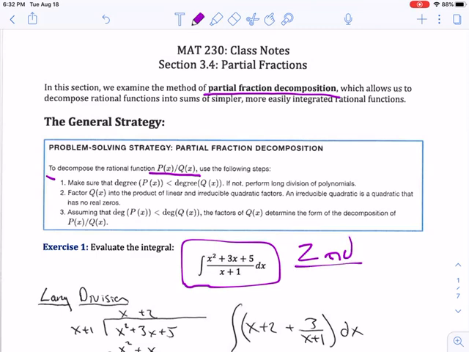The denominator is a first degree linear function. So the degree of the numerator is greater than the degree of the denominator. That's a no-no. The degree of the numerator has to be less than. We could do it equal to, but usually we like it to be less than the degree of the denominator.